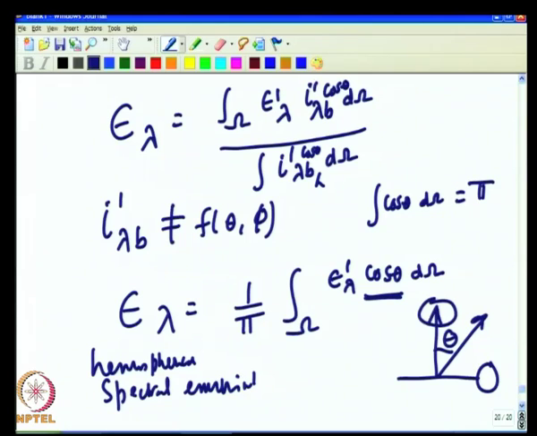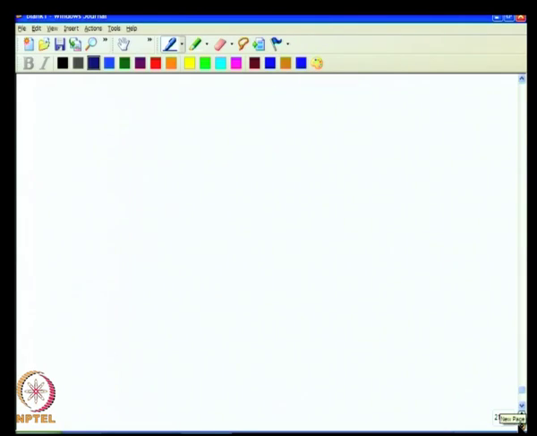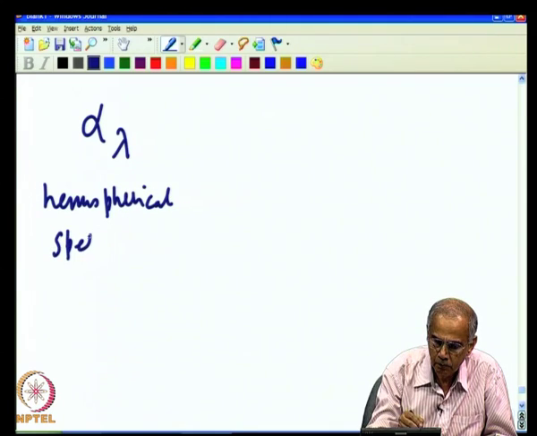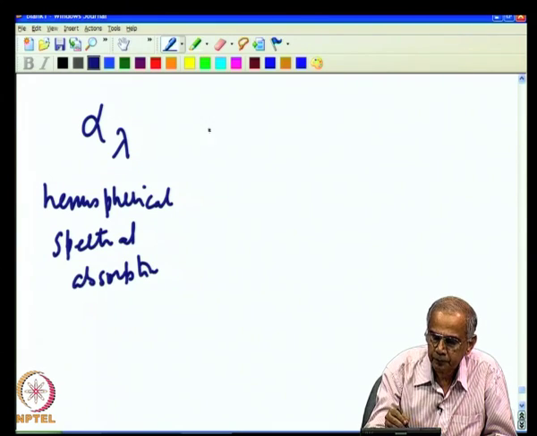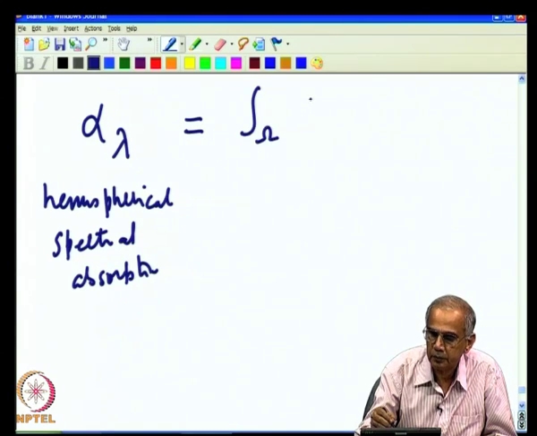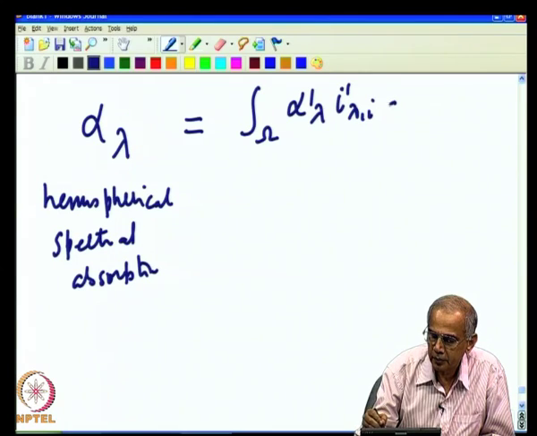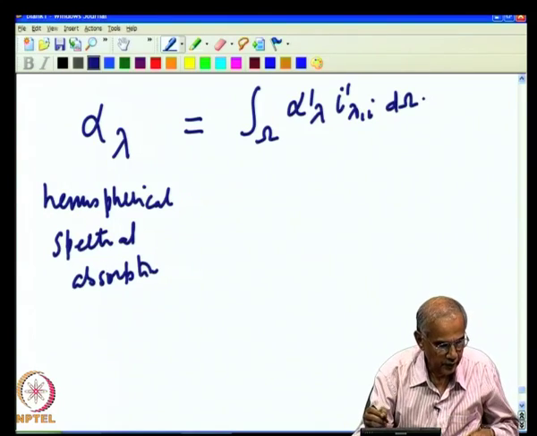So, now we move on to absorptivity. The hemispherical spectral absorptivity is defined as integral over omega of alpha prime lambda I prime lambda i cos theta d omega, divided by the integral of I prime lambda i cos theta d omega.